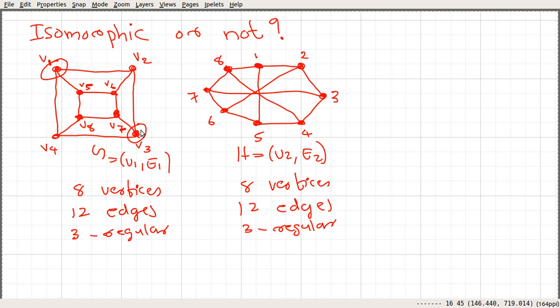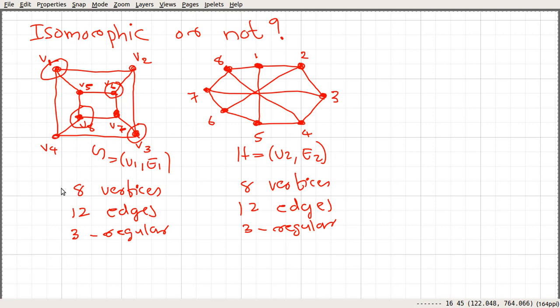Similarly, V1 and V4 are adjacent, V1 and V2 are adjacent, and V5 is adjacent as well. Here V1 and V3 are not adjacent. Then V1, V3 and V8 are not mutually adjacent. And if you consider these four vertices, V1, V8, V3, V6, those four vertices are not mutually adjacent.